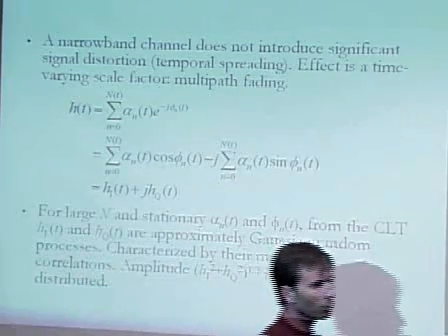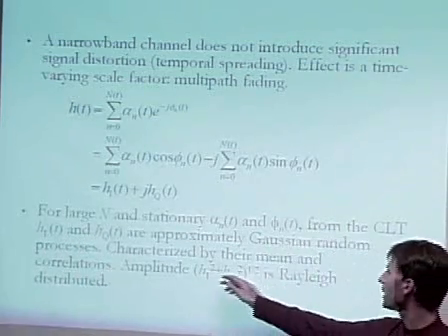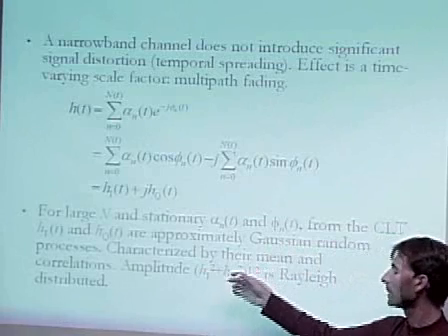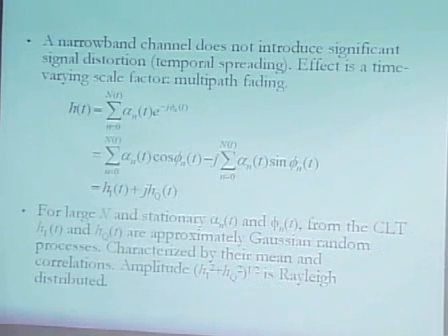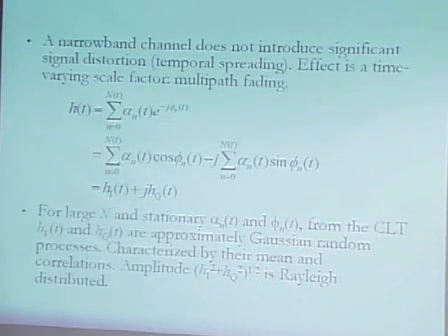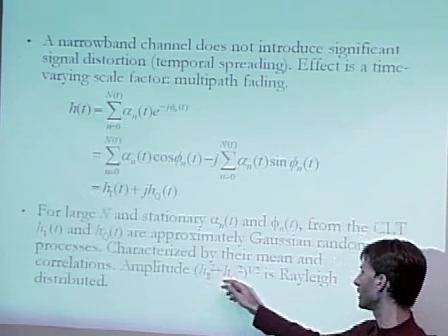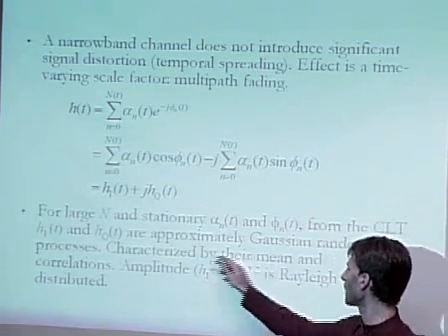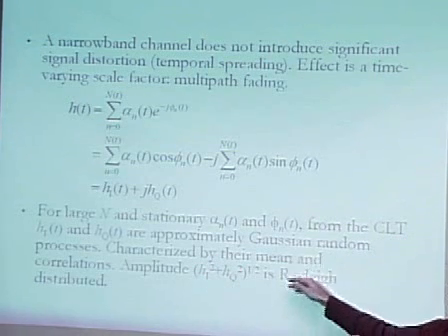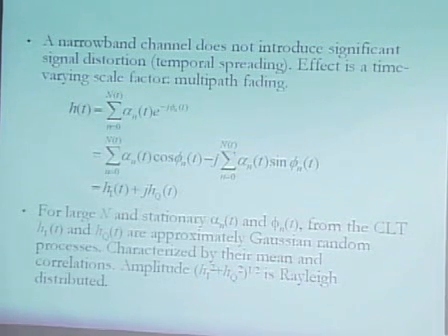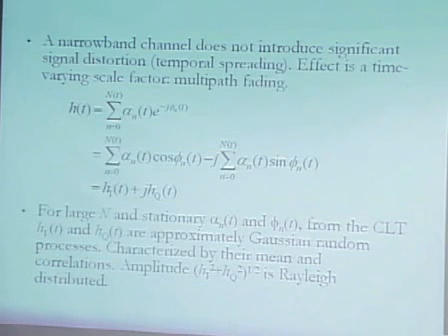If you have a complex Gaussian random variable, so the real and the imaginary parts are Gaussian, the amplitude has a distribution called Rayleigh. Okay, so we'll see that in more detail. You may know that or not. It doesn't matter.